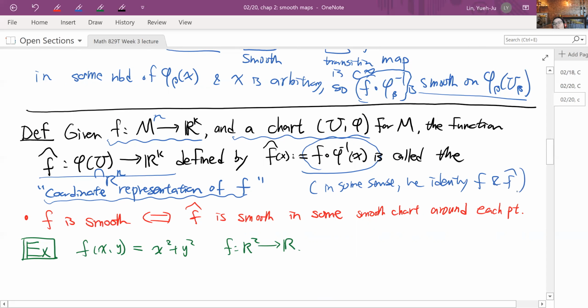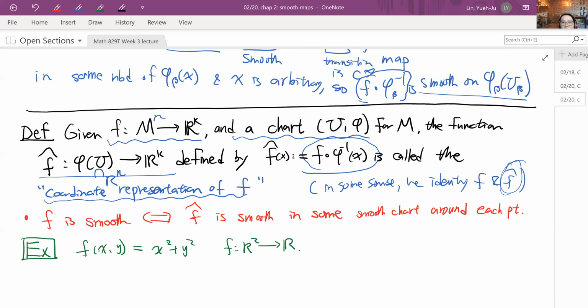When we talk about a function from a manifold to R^k, and people write it down in terms of the coordinates, they are actually using F hat. But we just regard it as the same, because this is one way to write down F in terms of its coordinates. So if you read some papers in the future, they might just identify those two or abuse the notation sometimes. Okay, so this is what we call the coordinate representation.